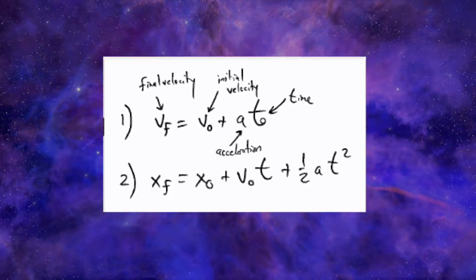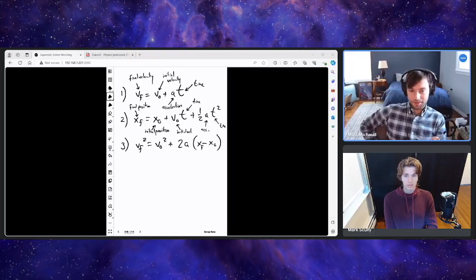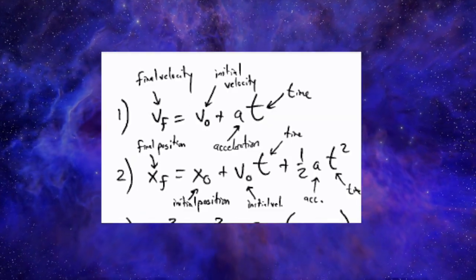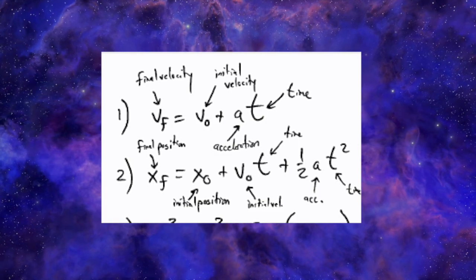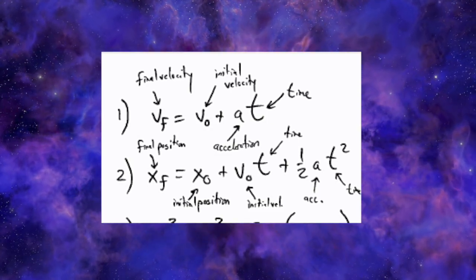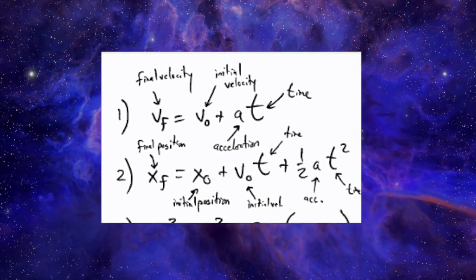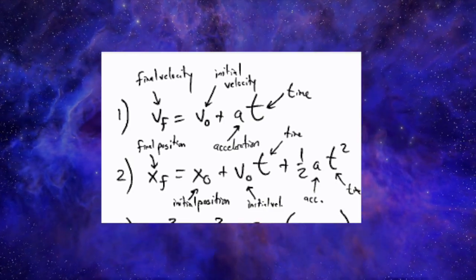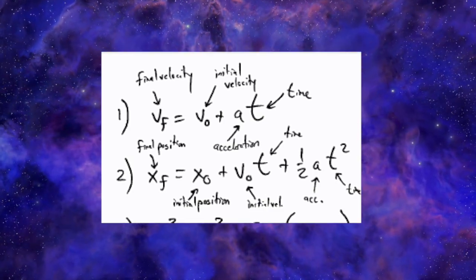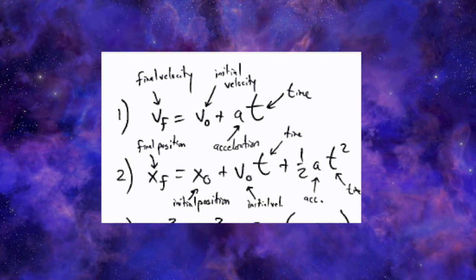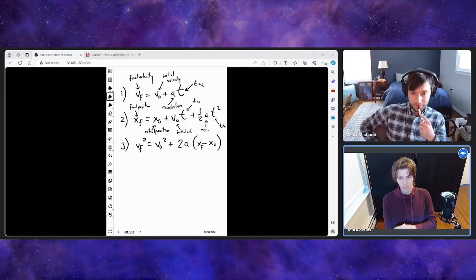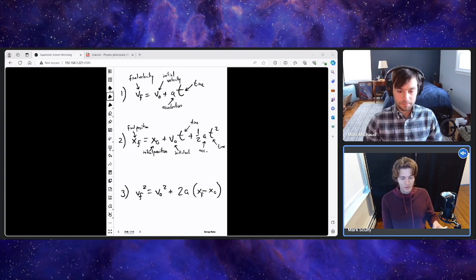Can you read this like a sentence? Final position is determined by the initial position plus the initial velocity times time plus 1/2 of acceleration times time squared. Awesome. Good stuff. We're going to do this for the third one.